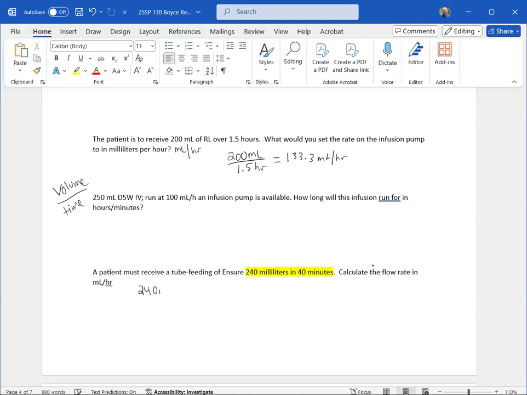I'm going to take my 240 milliliters over 40 minutes, and what I'm going to do is convert minutes to hours. So 1 hour is 60 minutes. So I'm going to take 240 times 60 divided by 40. So 240 times 60 divided by 40, and I'm going to get an answer of 360 ml per hour.